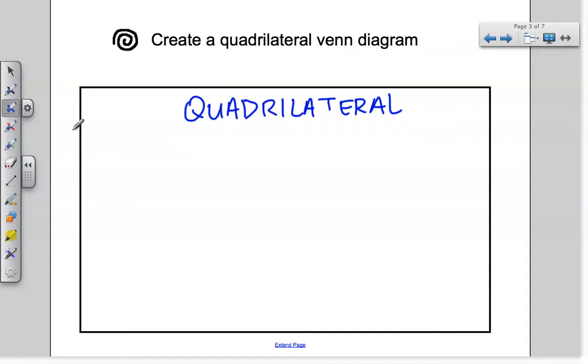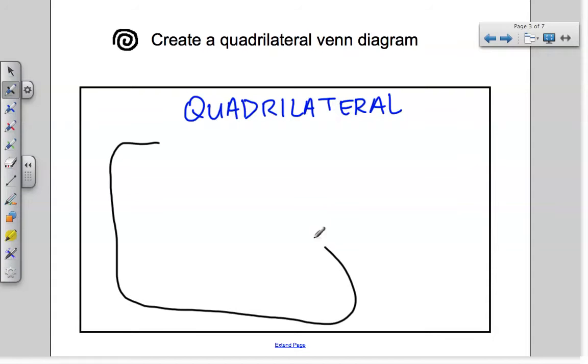Okay. And then I know I had one really big category. Okay, I got to stay in the box. Within quadrilaterals, I had parallelograms.